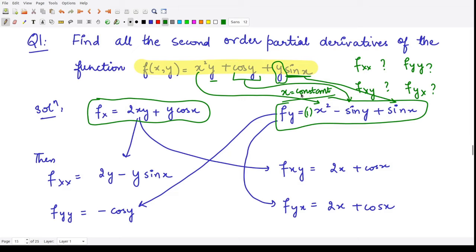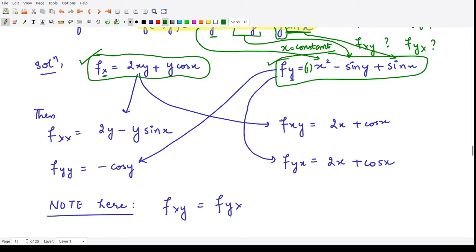So finally we reach the first partial derivatives with respect to x and with respect to y. Now the next task is, using this fx, we can compute fxx and fxy. We will first differentiate this partially with respect to x.